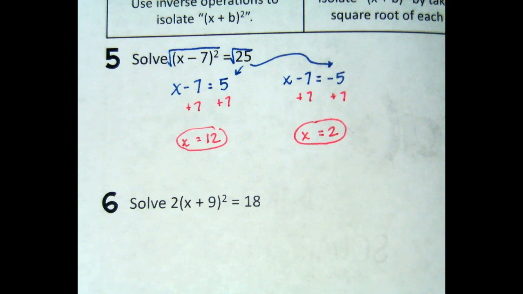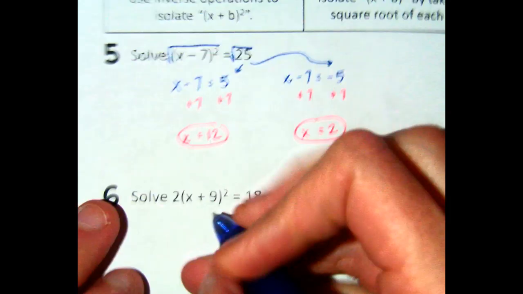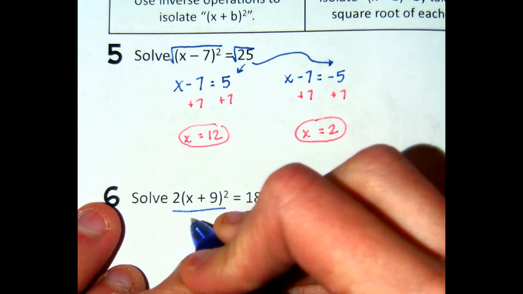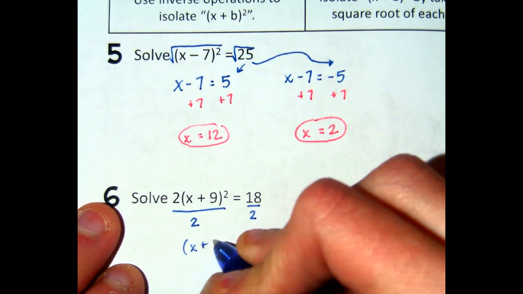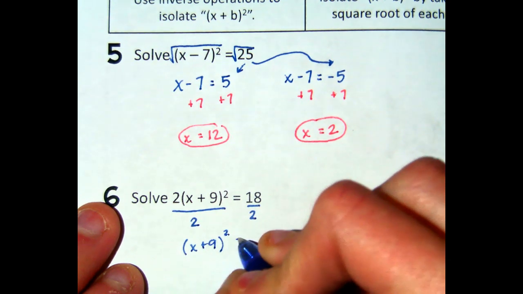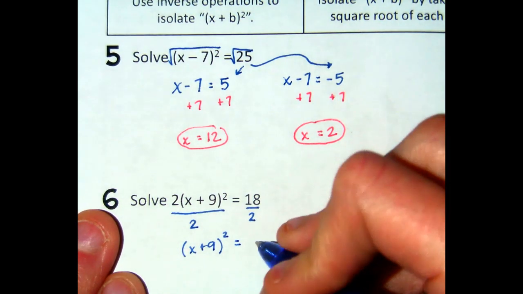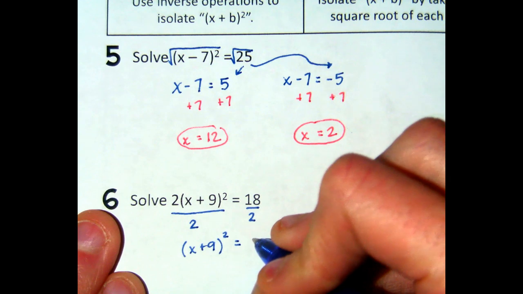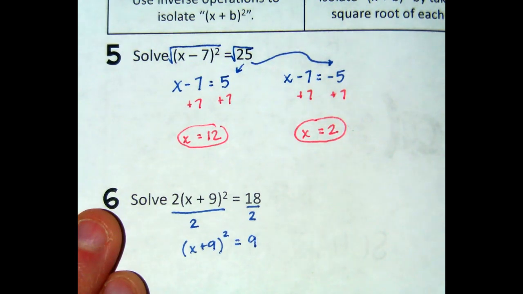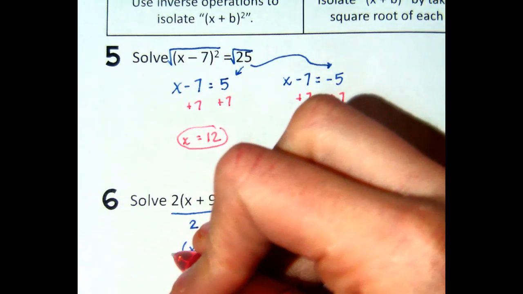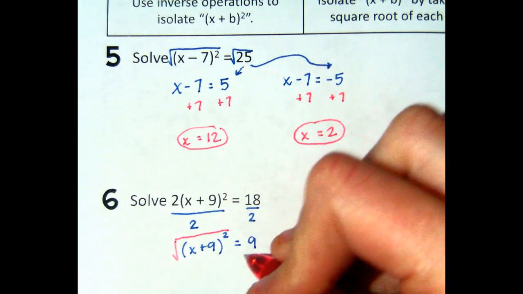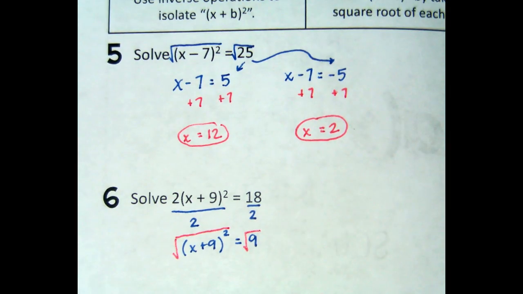Alright, number 6, what do I need to do? Divide by 2, because it's outside of parentheses there. So x plus 9 squared equals 9. Alright, now what? Square root. I like to make up my own verb and say square root it.